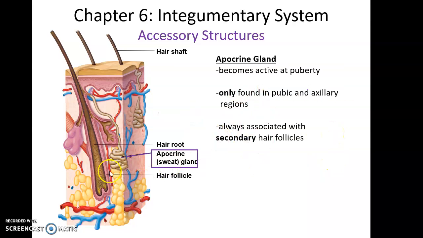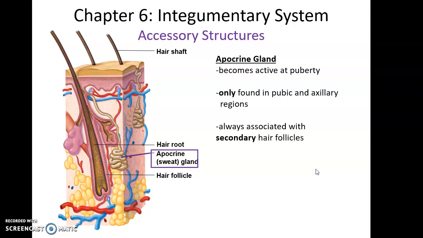All right, next up is apocrine glands. Apocrine glands fall under the category of sweat glands, but they don't actually produce what we think of as sweat. Apocrine glands are always associated with hair follicles, specifically the larger hairs found in the pubic and axillary regions after hair growth from puberty. So the pubic hair and armpit hair have apocrine glands.